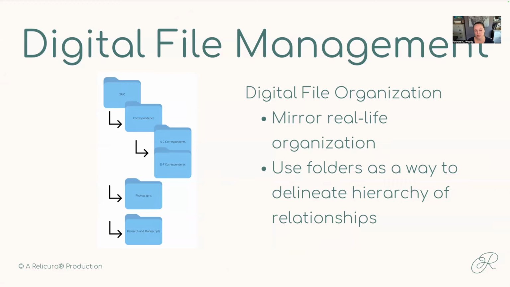And then you see a further breakdown of the correspondence digital folder into A through C correspondence and then D through F correspondence. So in this particular file structure, I can see that there are several folders of correspondence organized by the correspondent name, all contained in the correspondence section of this collection.